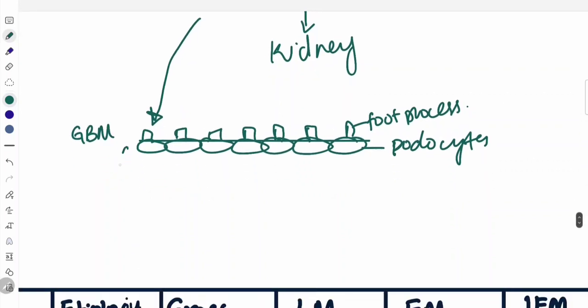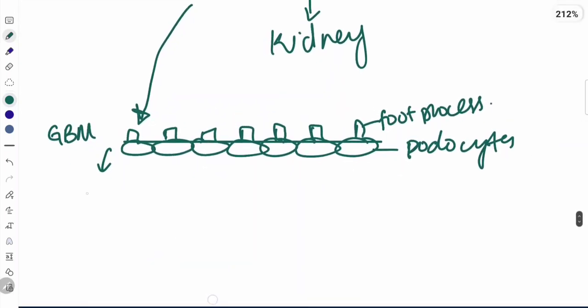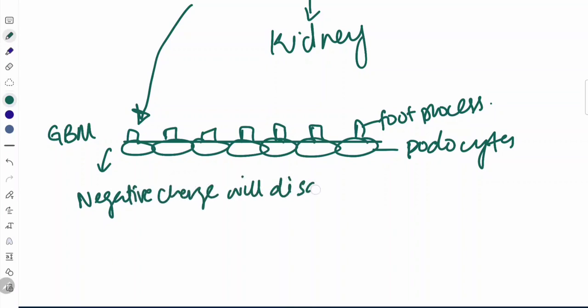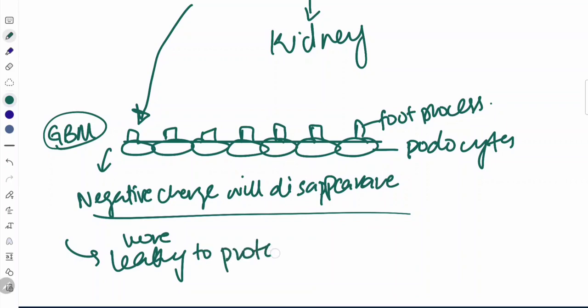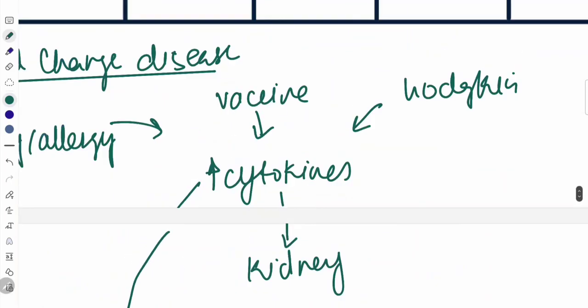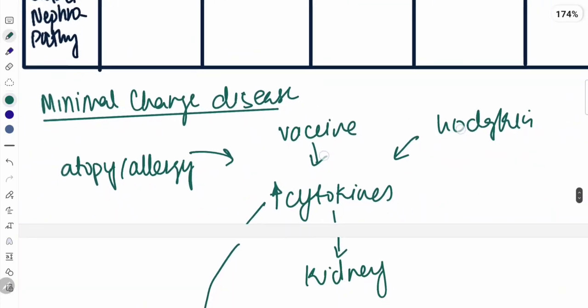When you damage these foot processes, the negative charge will disappear, and because of the disappearance of the negative charge, the glomerular basement membrane is going to become more leaky to proteins. That is why this disease is called minimal change disease, because minimal change is occurring.